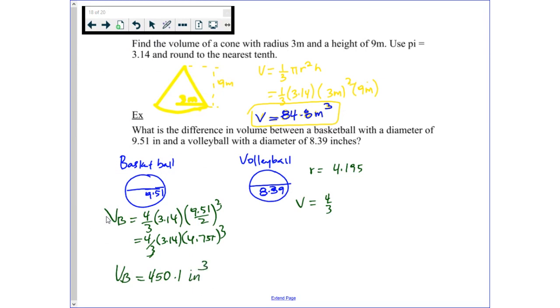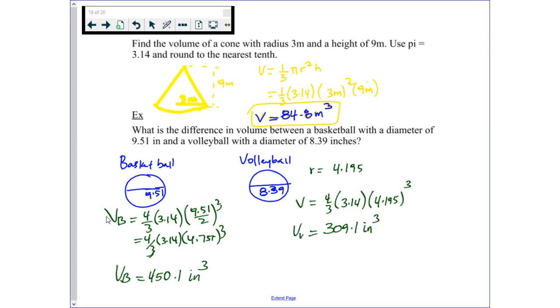So this would be 4 over 3, 3.14 times the radius 4.195 cubed. Don't forget it's cubed. Times 3.14 times 4 divided by 3 is 309.1 inches cubed.